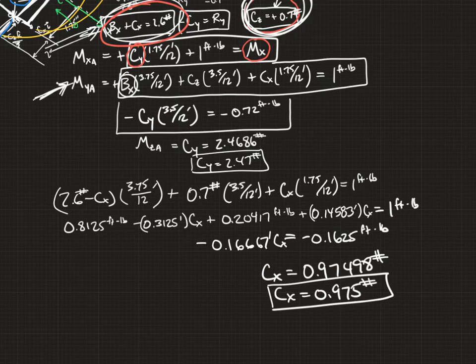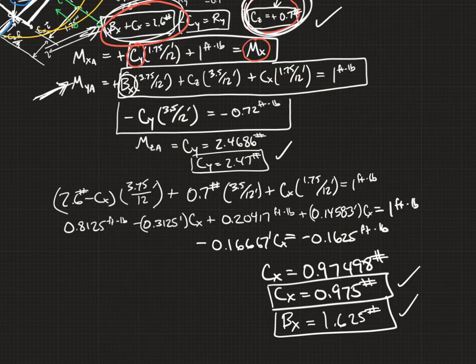Well, don't even need a calculator for that. But Bx, or B, there's only really one direction for B. So Bx is 1.625 pounds. Now if we know that, I think we know everything except for Cy. Oh no, we know Cy, so we've got Cy, Cz, Cx, and Bx.